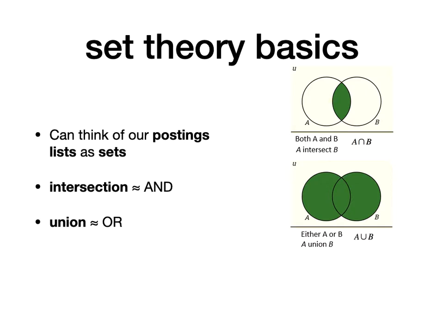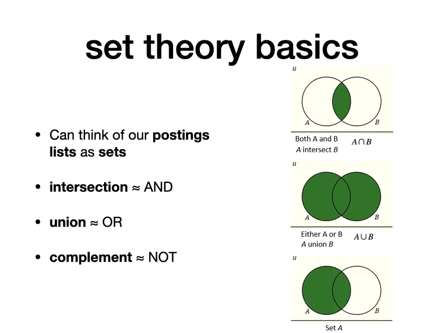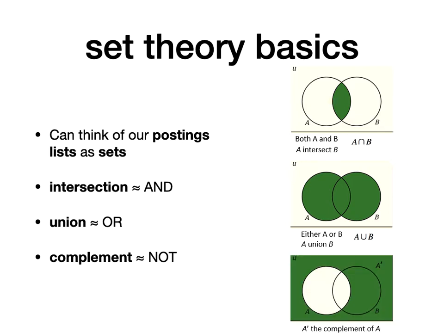So the overlap, and the unique items. Finally, another common one is NOT. This is called the complement. I want everything that is not in this term. So if a term is associated with a set of documents, I want to exclude those documents and make possible all other documents, right? Everything except A.